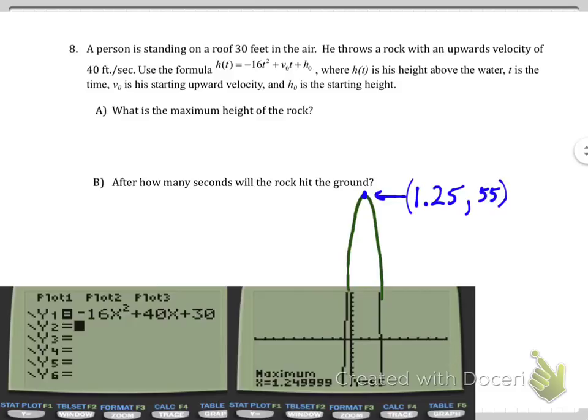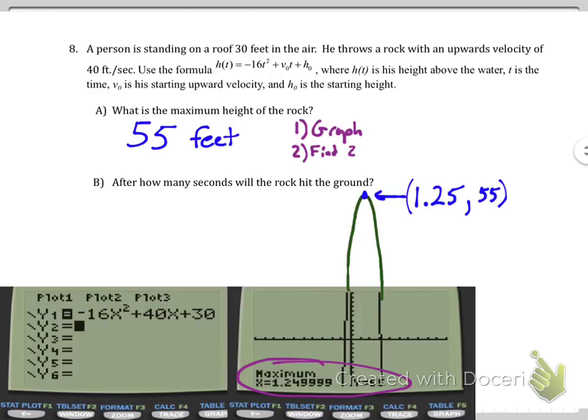But I could also use the feature of typing in numbers when I have to do left bound and right bound, because I know it's going to be somewhere between 0 and 3, or -1 and 3. So when it asks left bound, you can just type in -1, enter, and right bound, you type in 3, enter. And then for a guess, you can just press enter again, and your calculator will find that maximum for you. So 55 feet is the maximum height of the rock.